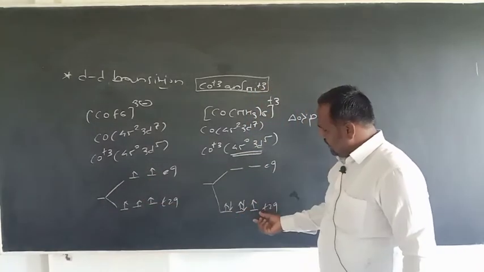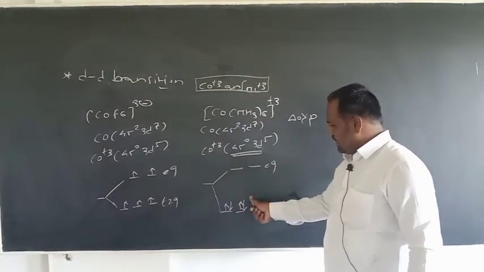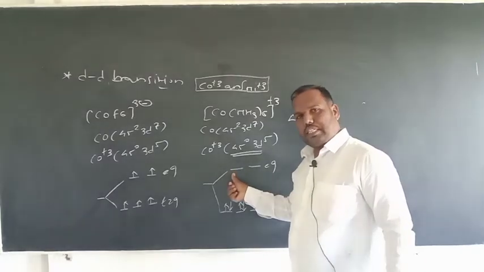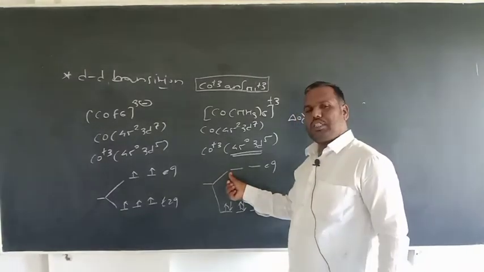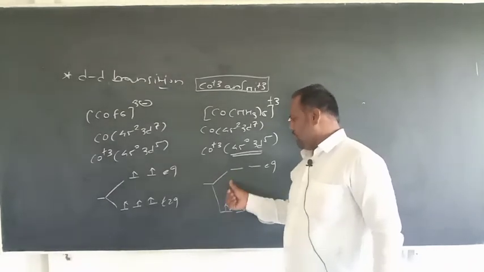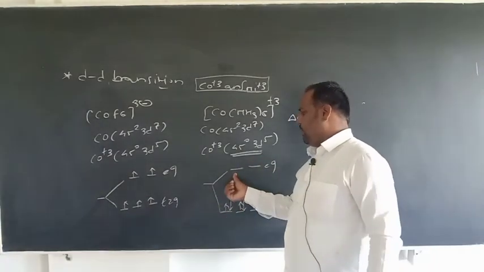While if you consider this other complex, if this electron is transferred to the Eg orbital, its spin does not change, and delta S is equal to 0. Whatever the spin in the ground state, the same spin is in the excited state.